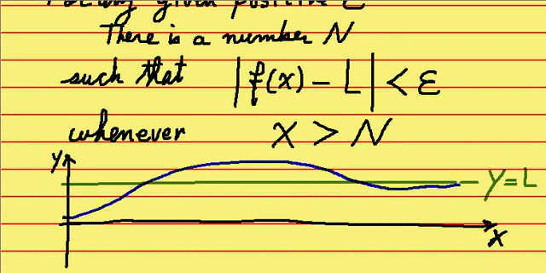Our statement is that if you specify a certain tolerance or trap size, so we are going above and below our limit by some given amount epsilon, this is going to be L plus epsilon, this is going to be L minus epsilon.